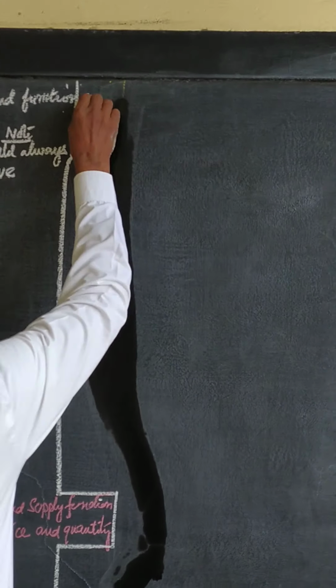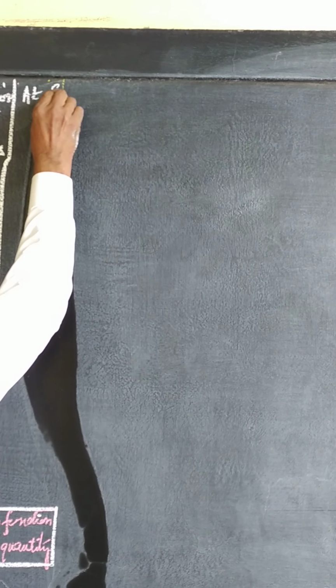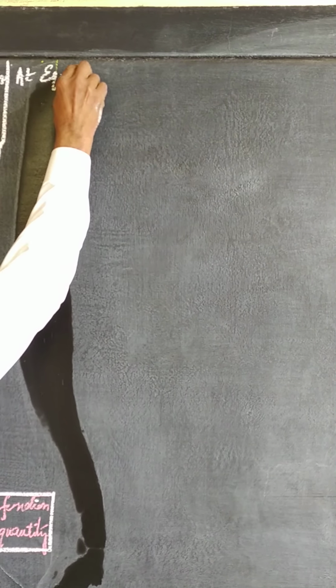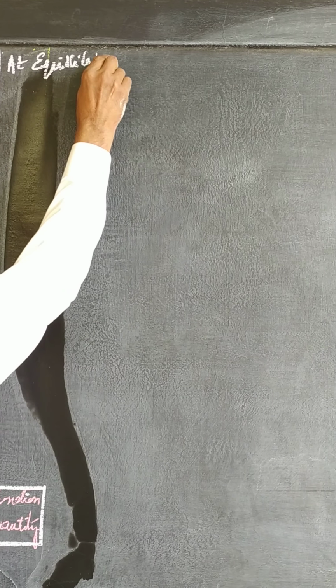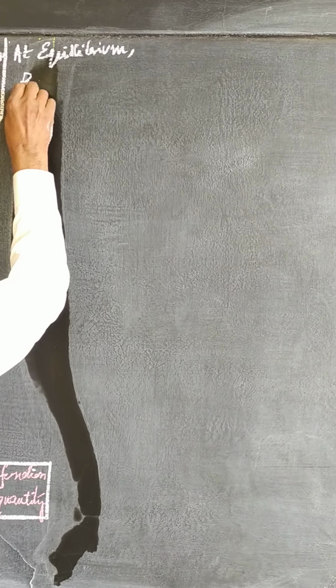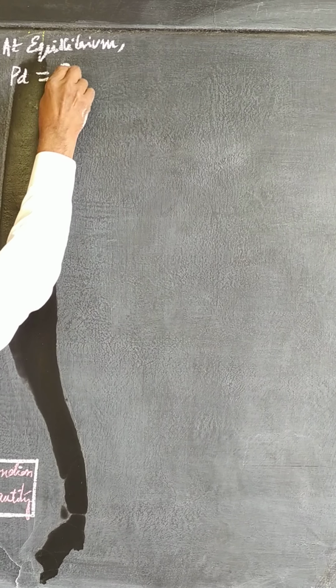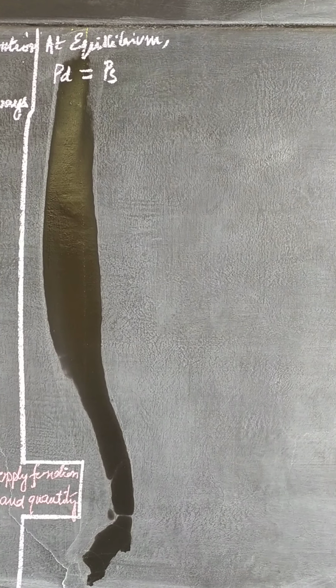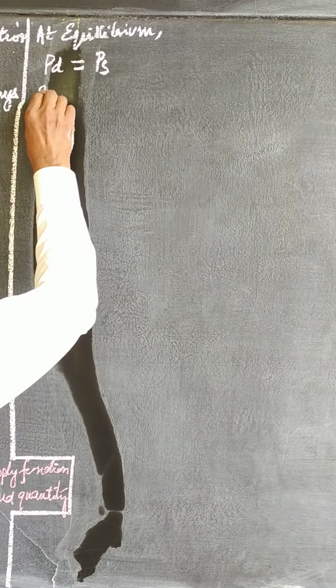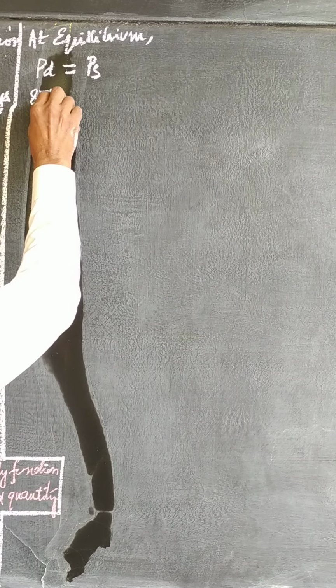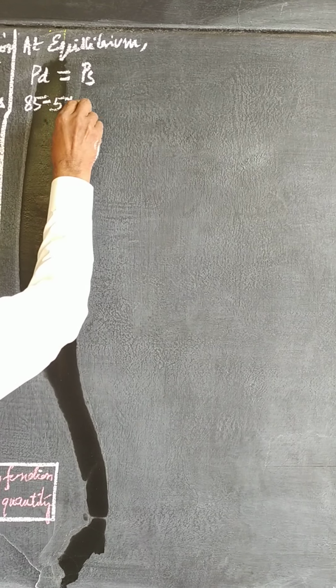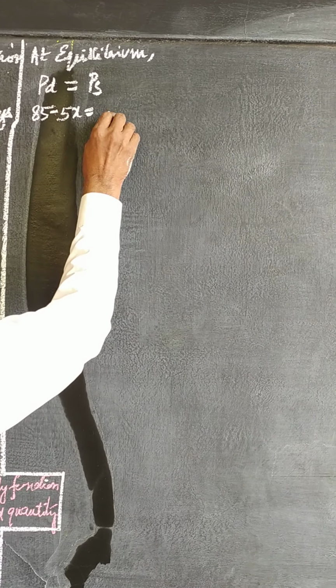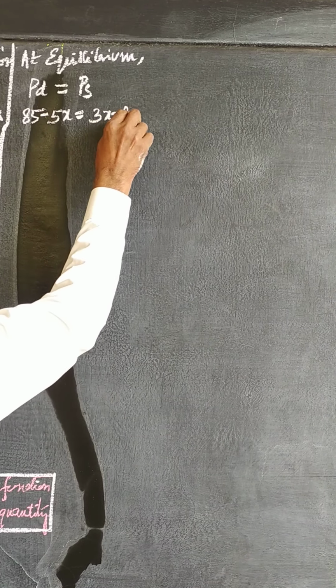Now at equilibrium, P_D should be equated to P_S. Demand should be equated to supply. 85 minus 5x is equal to 3x minus 35.